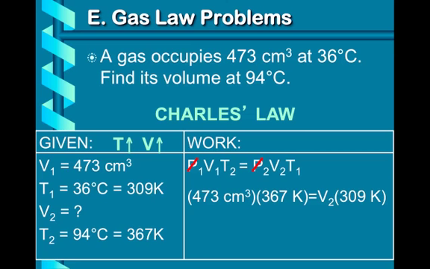Obviously the Kelvin units cancel, and we end up with cubic centimeters as our units. And that's going to be 562 cubic centimeters. Remember, cubic centimeters is a volume measurement.